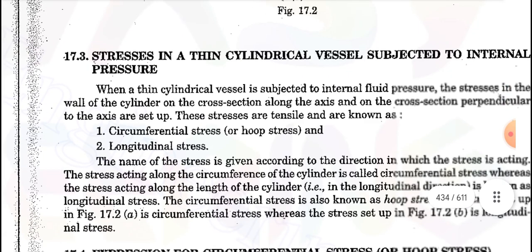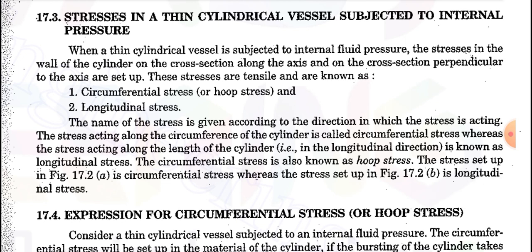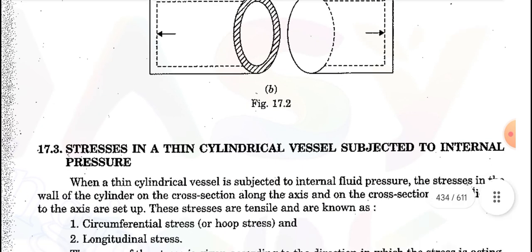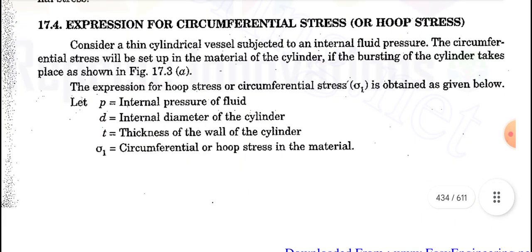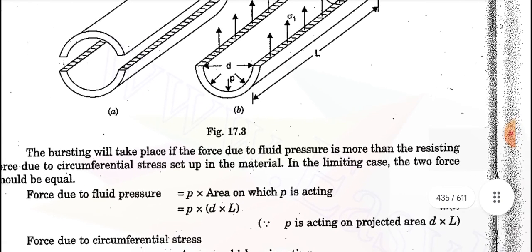Then the longitudinal stress: the stress acting along the length of the cylinder is known as longitudinal stress. Figure B shows the longitudinal direction. The formulas to find the circumferential stress and the longitudinal stress are as follows.